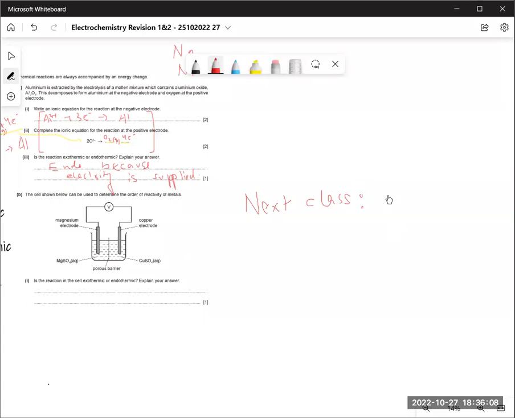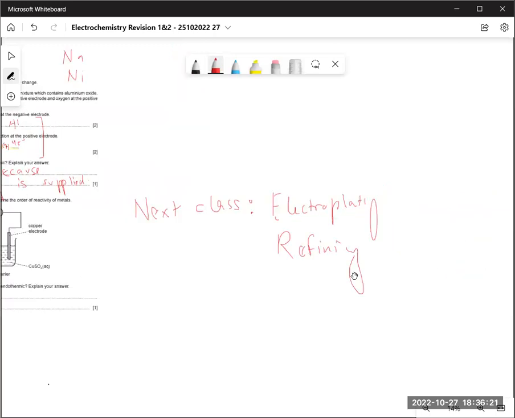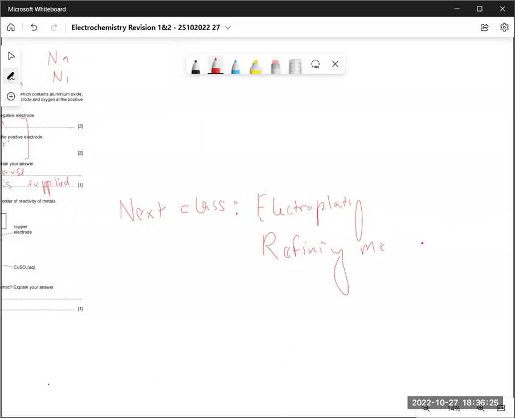So next class is electroplating and refining metals. Now, Diana, recap, what did we learn in this class? We talked about aqueous electrolysis and the rules.